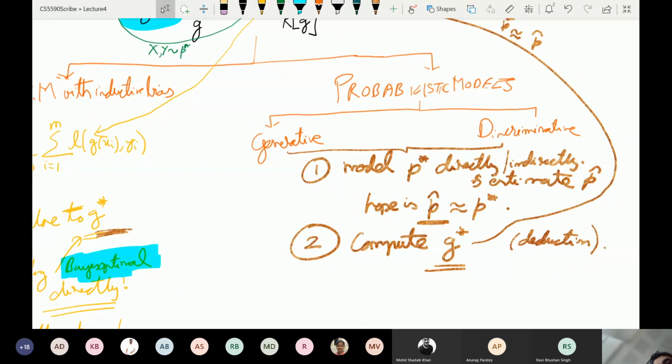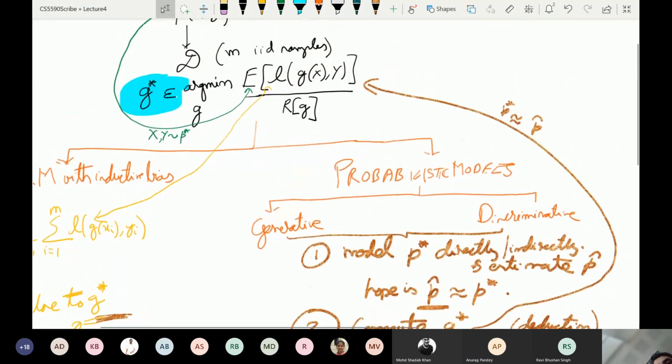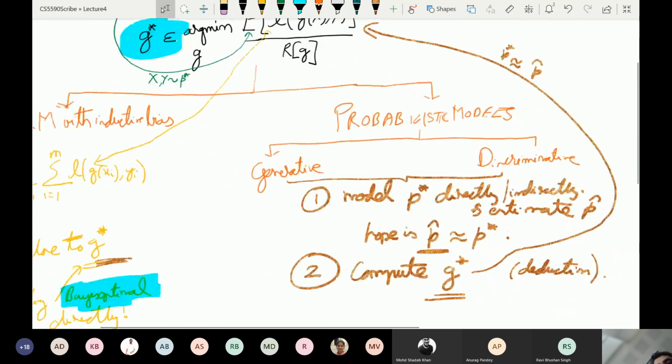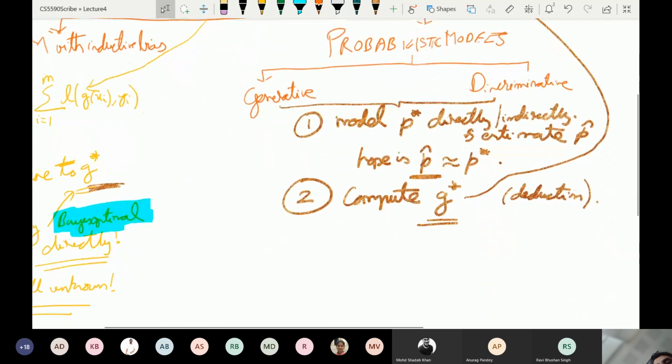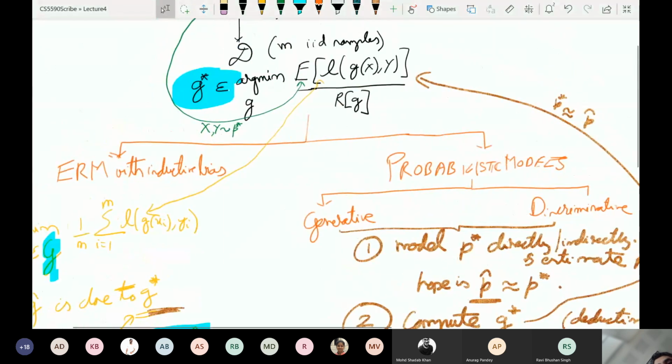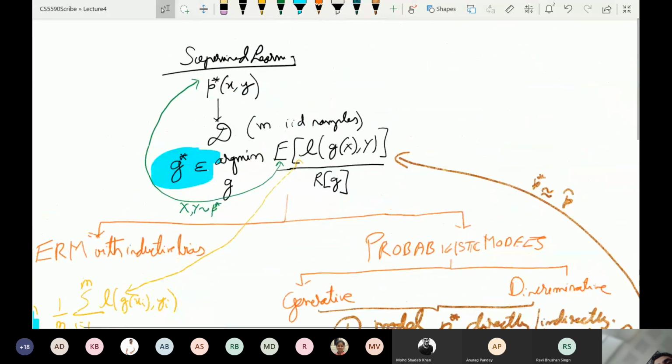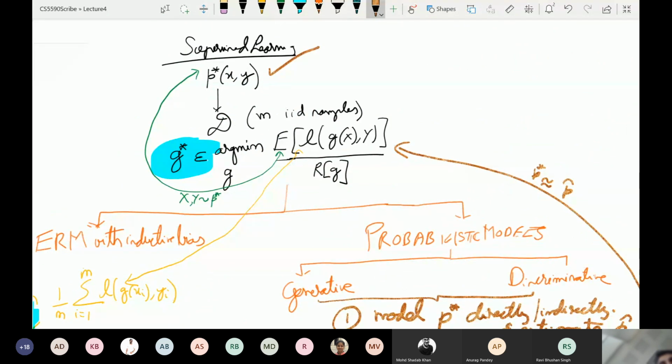Okay. But that's a very gross understanding. Essentially, this is the finer understanding: if you find P star, you can simply deduce G star. So there are two fundamentally different approaches: either find P star and hence find G star, or directly try to find G star.